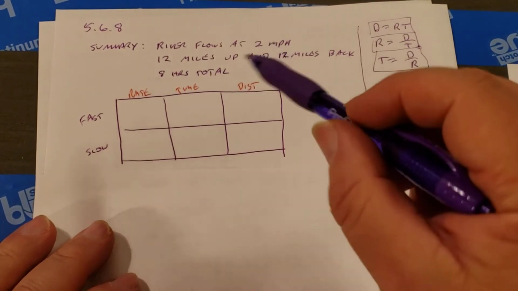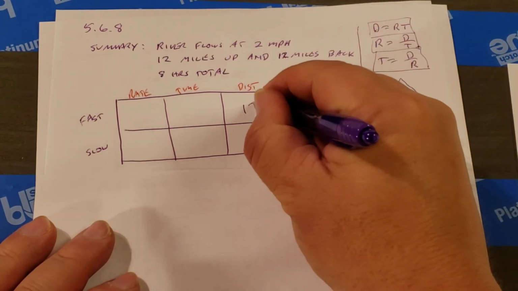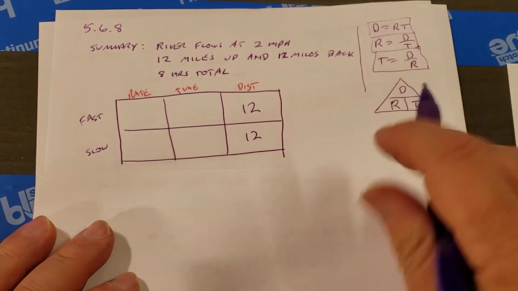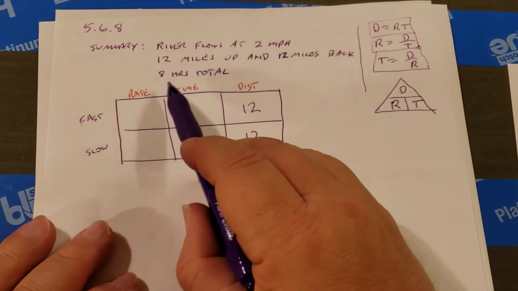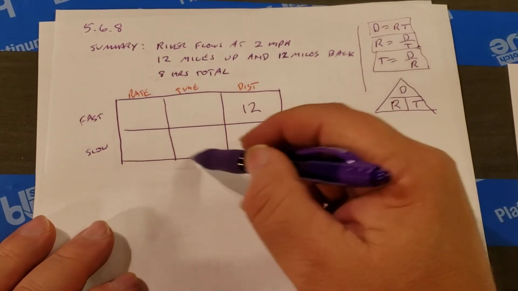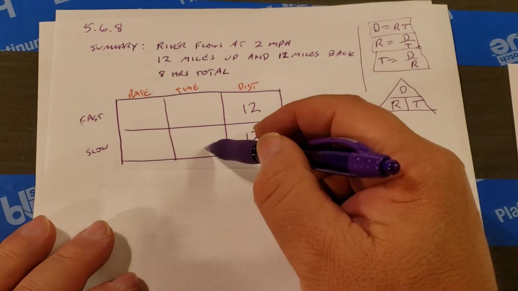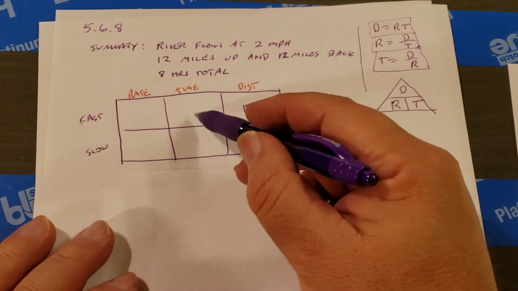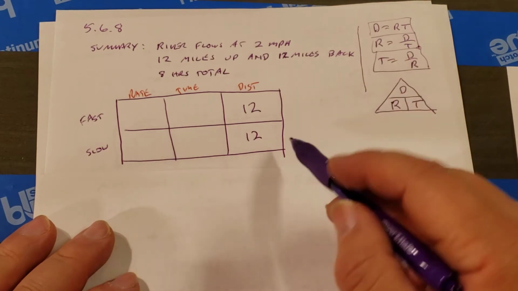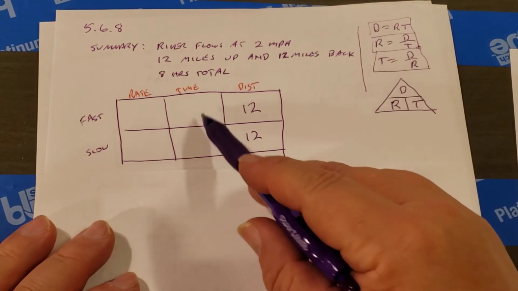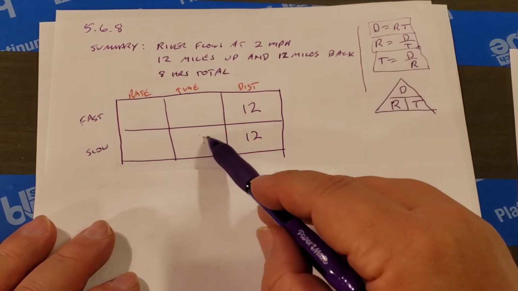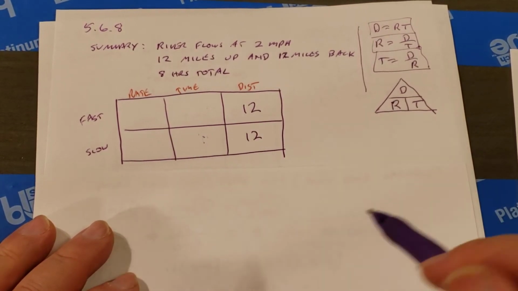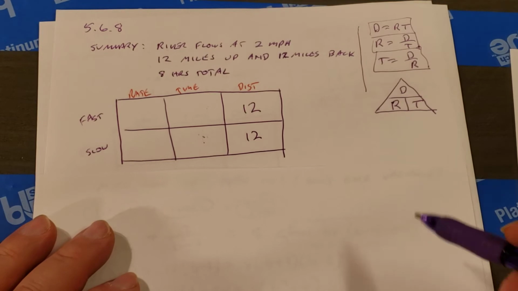I do know the distance is 12 in both cases. 12 miles there, 12 miles back. 8 is the total, so the total time is 8. That doesn't help me right here. It's not like 4 and 4. Total time is 8. I can't put any number in there. I'm going to have to wait on that one.